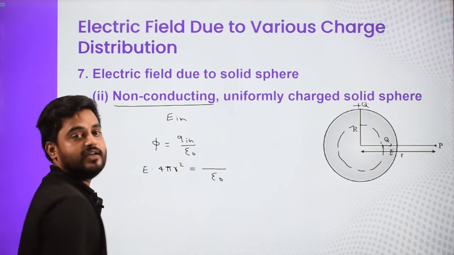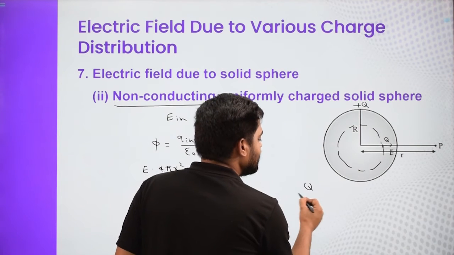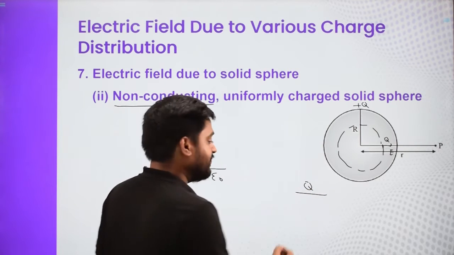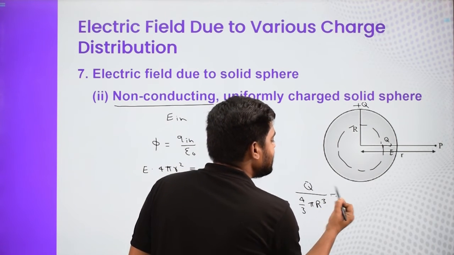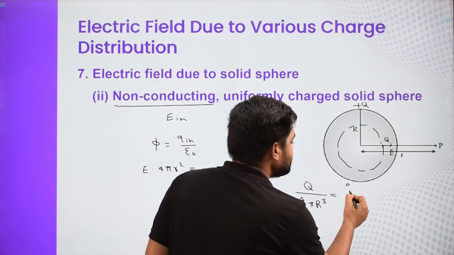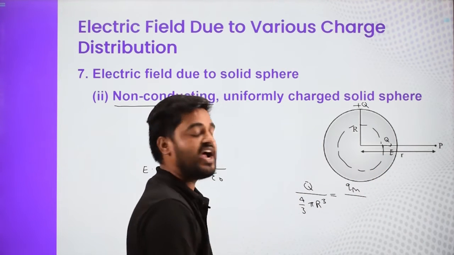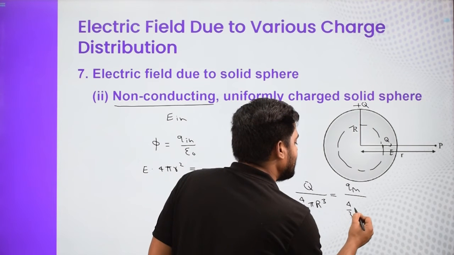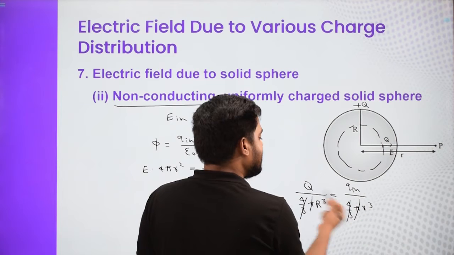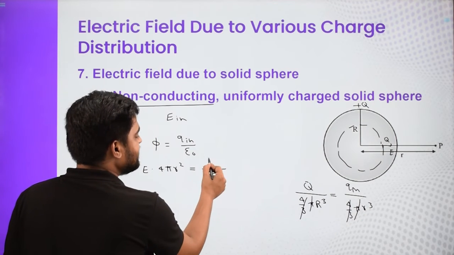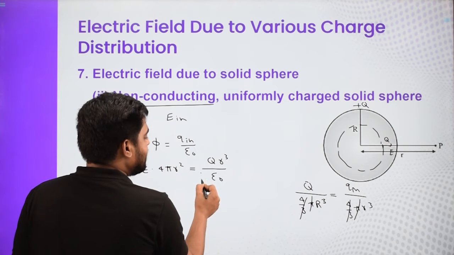So here Q in, the charge is distributed over a volume. So I will say total charge over total volume, that is 4 by 3 pi R cube, is equal to the required charge divided by the volume where this charge is distributed, which is 4 by 3 pi small r cube. So 4 by 3 pi is gone, and we can say that this required charge is nothing but Q small r cube divided by capital R cube.